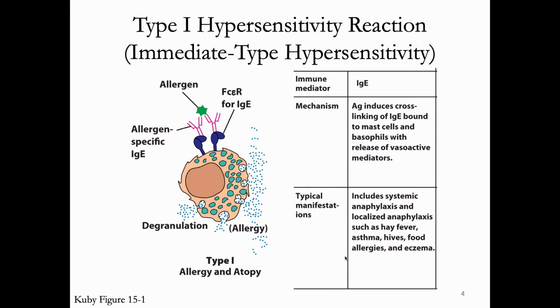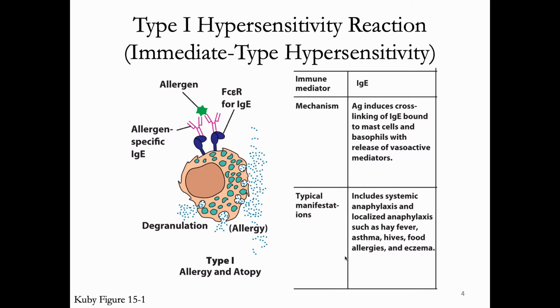But the immediateness, and again, we're going to get into exactly what that means, is one of the things that sets this one apart. So if you get a bee sting, and you're responding minutes later, that is going to tell you it's an immediate type response, and it's in this type 1 class.